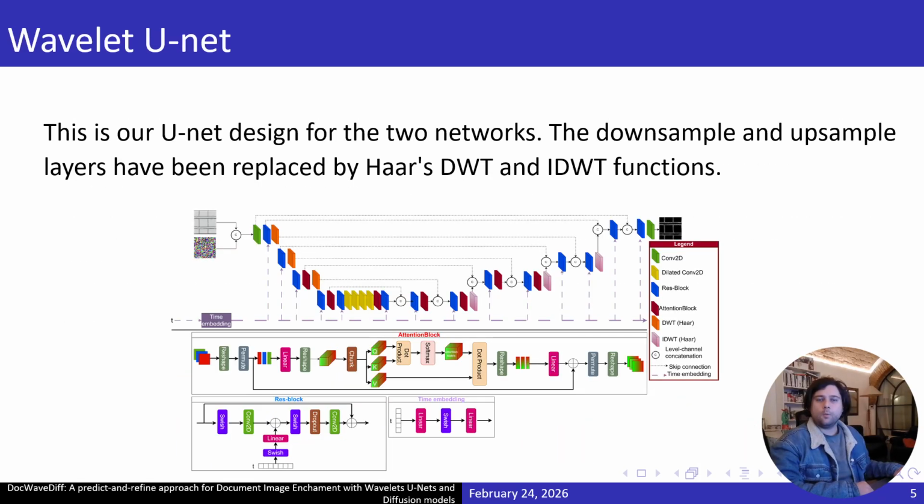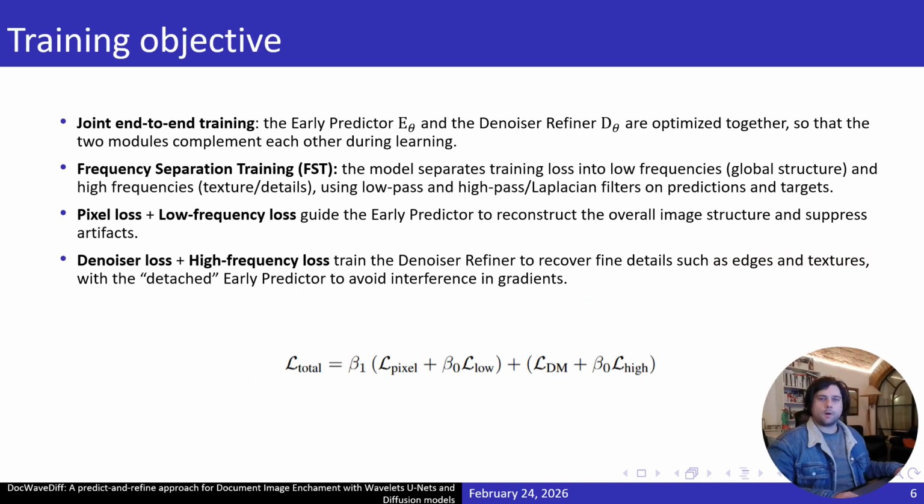In our work, we replaced the classic U-Net of the diffusion model with a Wavelet U-Net, where the downsample and upsample layers were replaced by the wavelet function and its inverse. Since our model consists of two networks, our goal is to make the two networks work together to achieve end-to-end training.